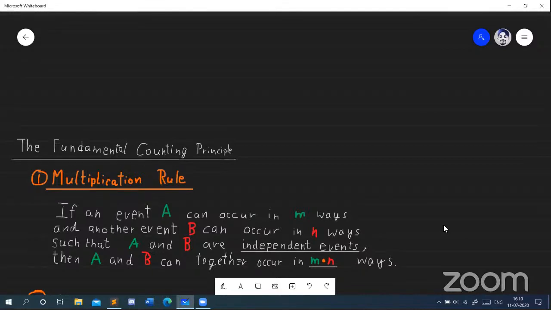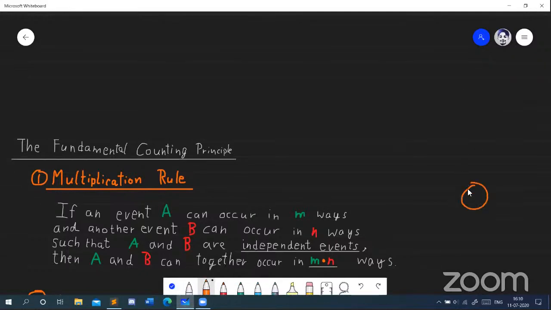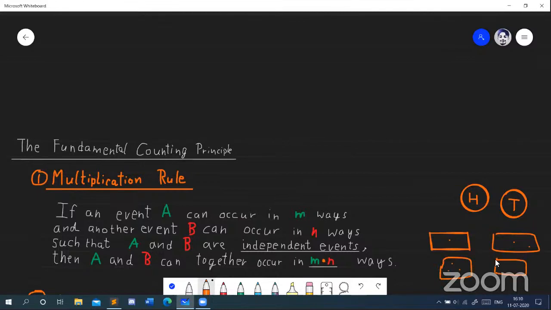if I were to flip a coin and roll a die, then when I flip a coin, I have two possible outcomes: a head or a tail, right? I can either get a heads or I can get a tails on a coin. And on a die, I can get either 1 or 2 or 3 or 4 or 5, right?